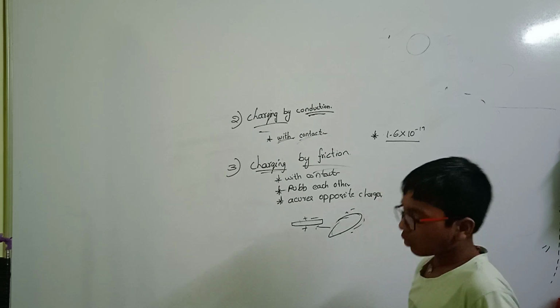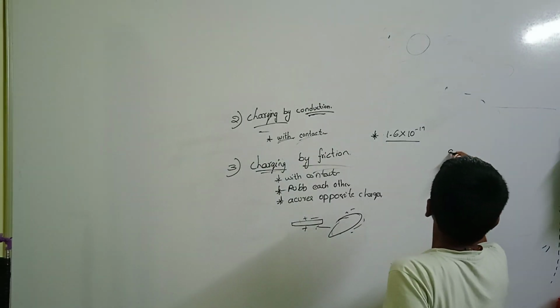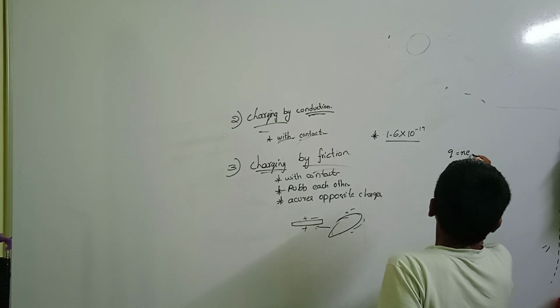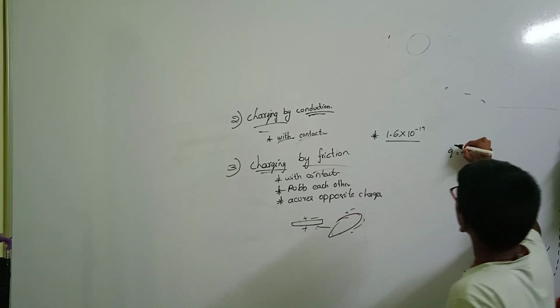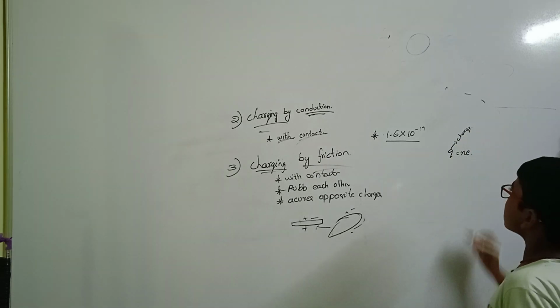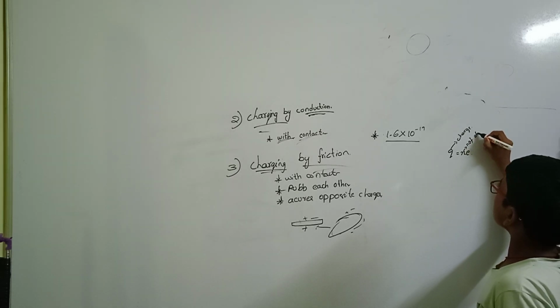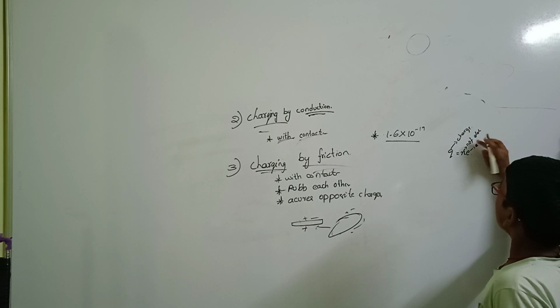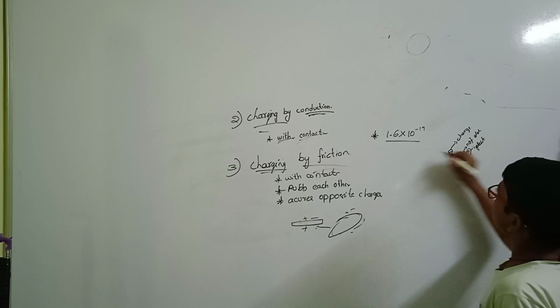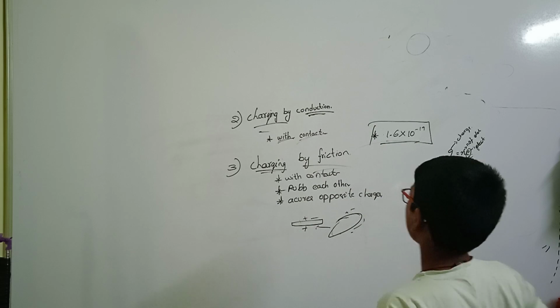This value is used in the formula Q equals N e, where Q means charge, N means number of electrons, and e means the charge of an electron, which is 1.6 into 10 power minus 19. This is the main value in electrostatics.